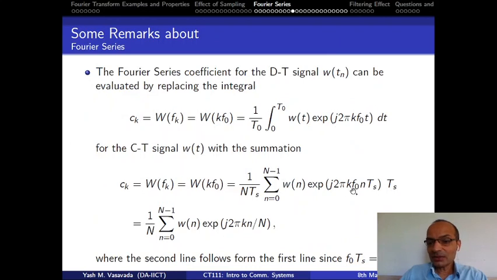So here what I did was I replaced f naught times T of s with 1 over N. This T of s and here they cancel out, and so now I get the formula that is shown over here.